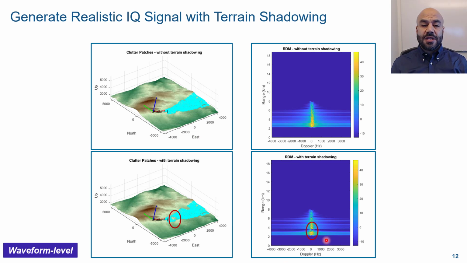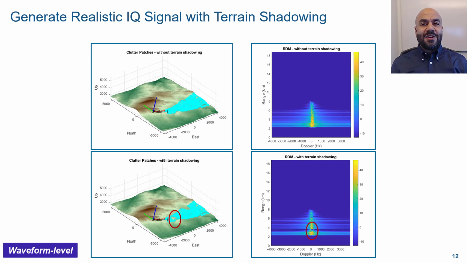By looking at the range Doppler response, we can verify that the occluded areas that are shown with these gaps here are taken into account in the IQ signal as well, which ensures a realistic generation of IQ signals.